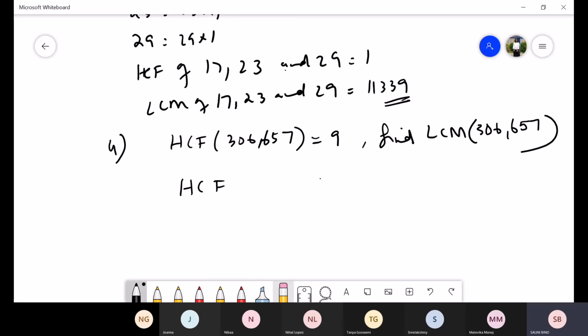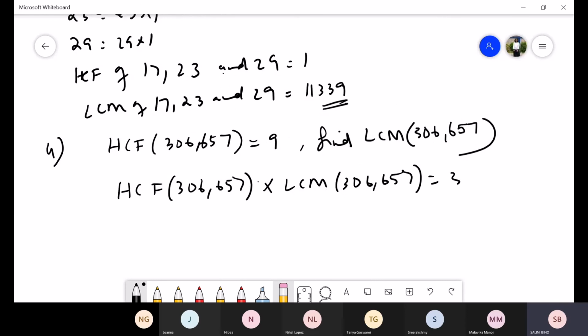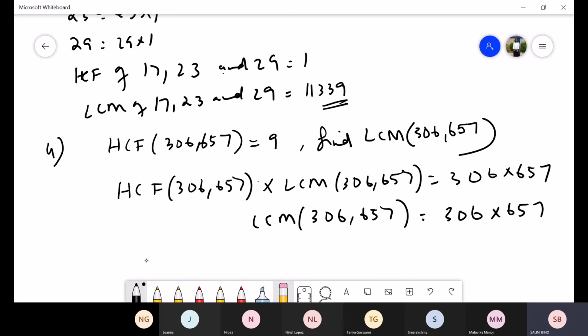HCF of 306, 657 into LCM of 306, 657 equal to product of two numbers. Which are the two numbers? 306 into 657. So LCM of 306, 657 equal to 306 into 657 divided by, what is HCF given there? 9.